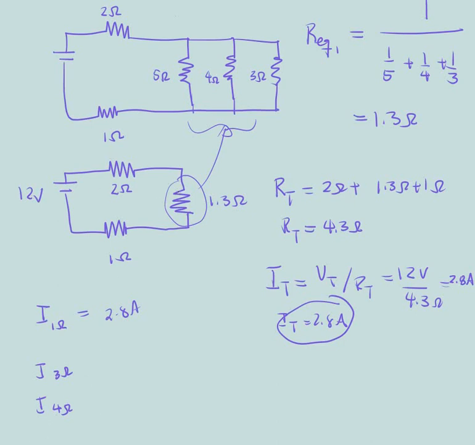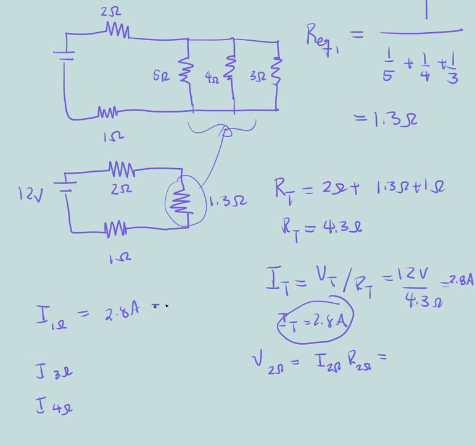So here we go. How much went to this resistor? We know that the total current here, because it's in series, is 2.8. So the voltage for the 2 ohm resistor is going to be the current going through the 2 ohm resistor times the resistance. But we know that I 2 ohm is the same as the total.